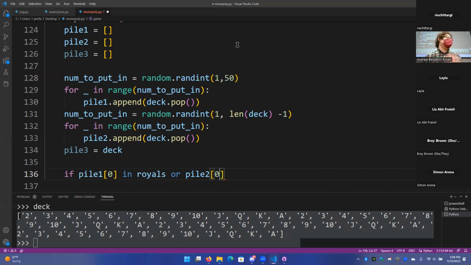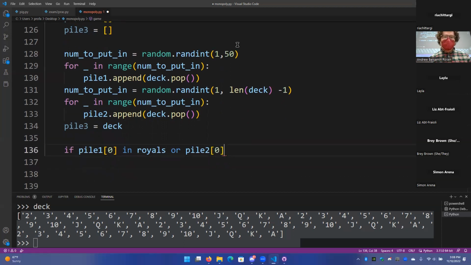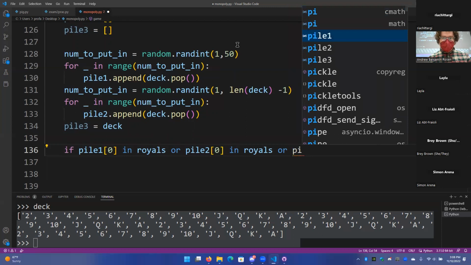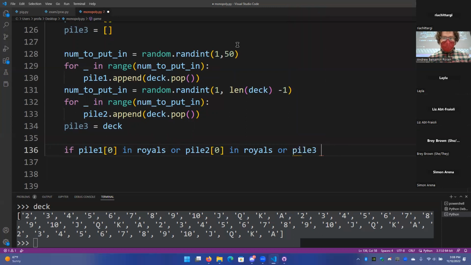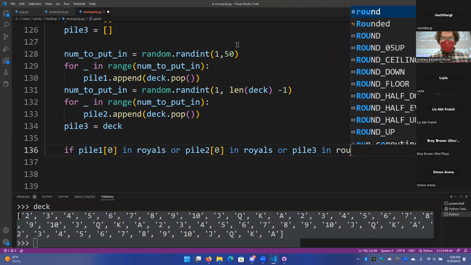The splitting up into piles, that's just sleight of hand, essentially, statistical sleight of hand. But another way to do this, so I will finish up this way, the pile 2's in royals, or pile 3 in royals.